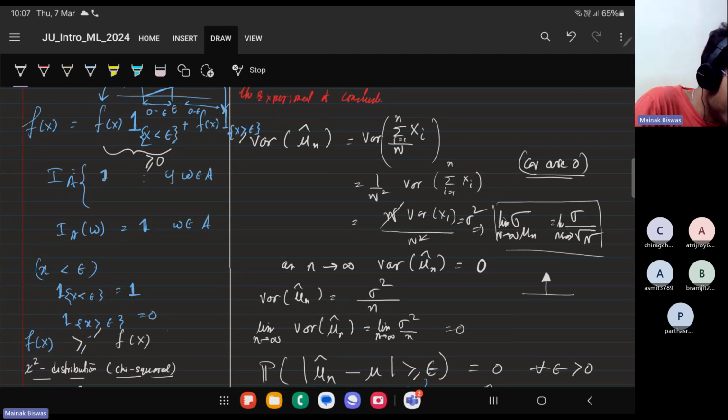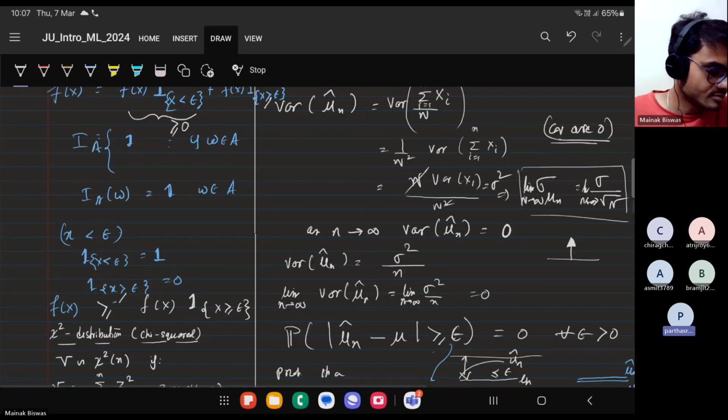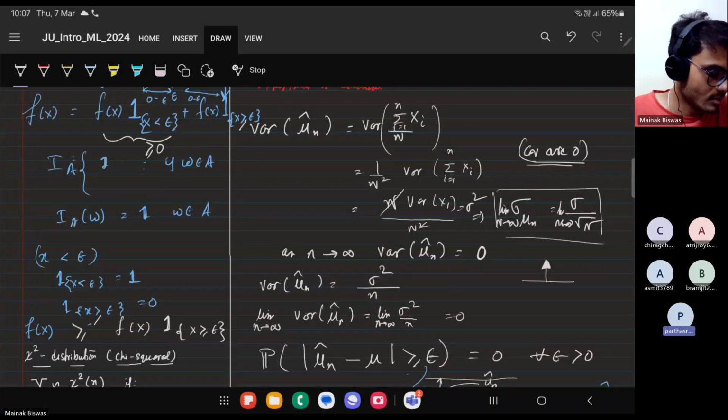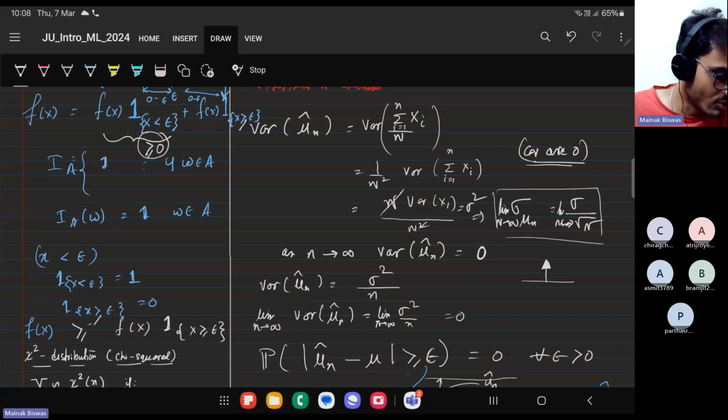If you don't understand, tell me. This one is greater than or equal to 0, so I'm just dropping it. Do you agree this is greater than or equal to 0? I'm just removing one term.